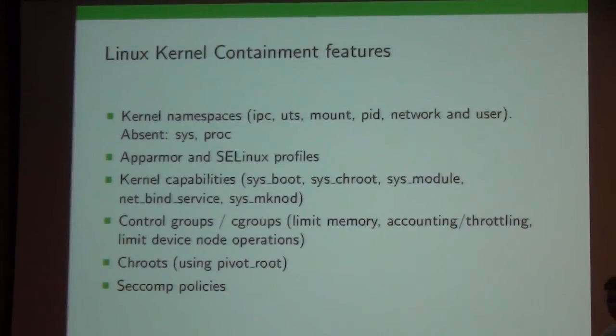Linux kernel containment features. Over time the Linux kernel has gained features for hanging more and more things off of a process, or being able to put different namespaces on things. So right now you can do that with IPC, which is inter-process communication.